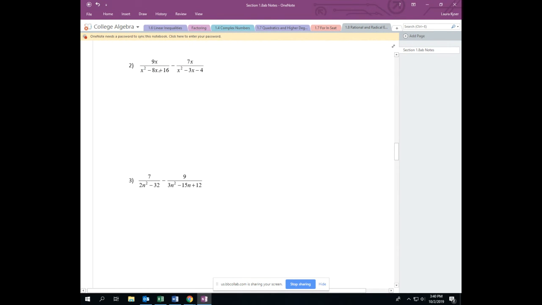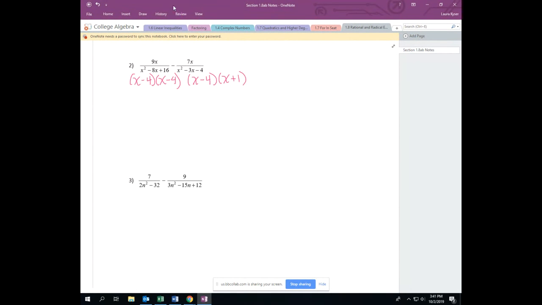Factors of 16 that add to give you 8 are 4 and 4, both negative. So we've got x minus 4, x minus 4. On the other side, factors of 4 that subtract to give you 3 are 4 and 1. 4 will have to take a minus, and the 1 will take a plus.